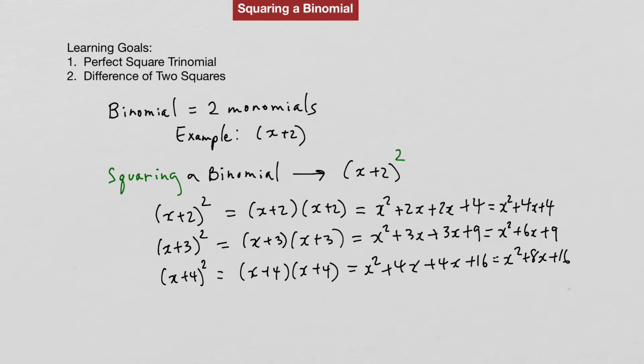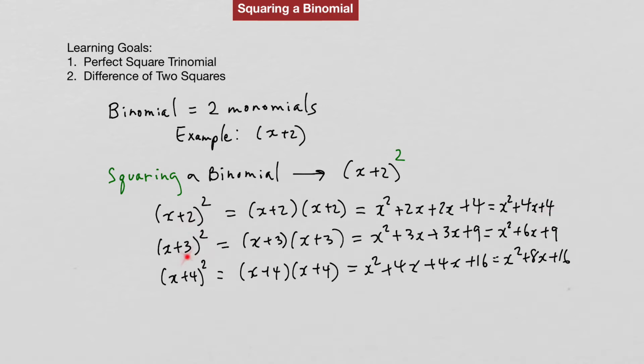In each of these, whenever you have an x plus something, the first term is always x squared. X squared, x squared, x squared. Then let's go to the last term. Look at this. We have a 4. This 4 is this number squared, correct? 2 squared is 4.